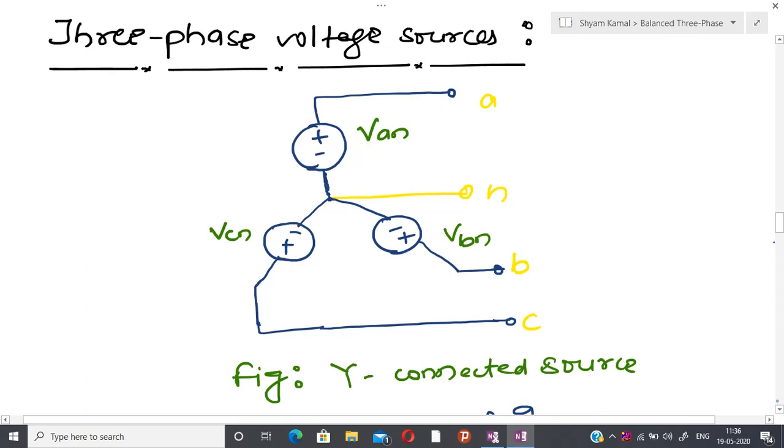First I will talk about the voltage source, and after that I am going to talk about the load also. Here I have a 4 wire connection, or I have 4 different transmission wires or transmission lines, and one is the neutral.